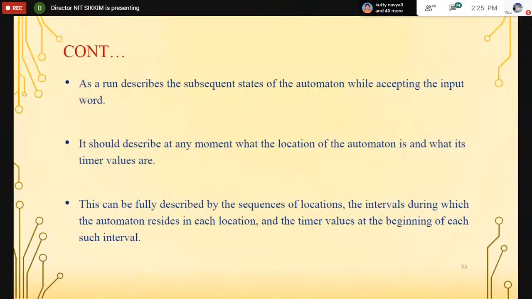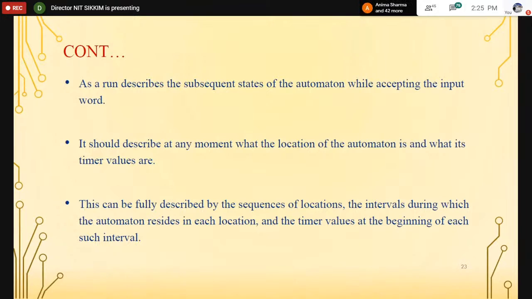Now he says the run describes the sequence of states of the automaton while accepting the input. When your system executes, generally we say the system is running. It should describe at any moment which location the automaton is in, and what the value of time is. This can be fully described by a sequence of locations, the intervals during which the automaton resides in each location, and the timer value at the beginning of each such interval. So you have to define the initial time, final time, the deadline, and so many things.